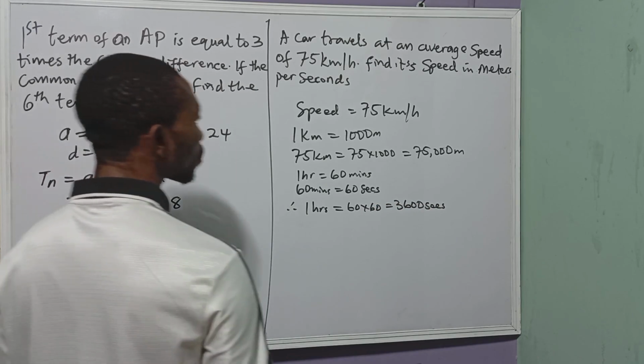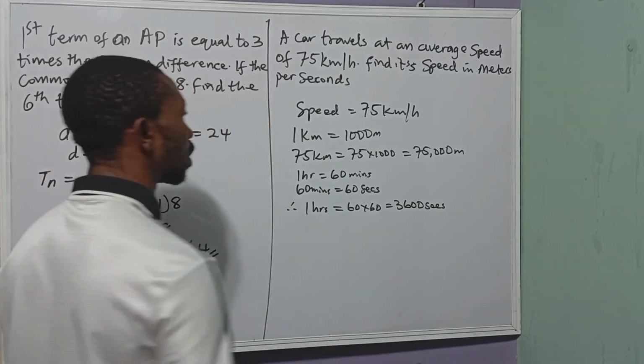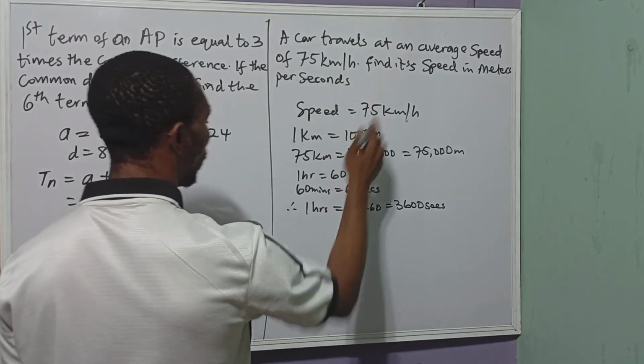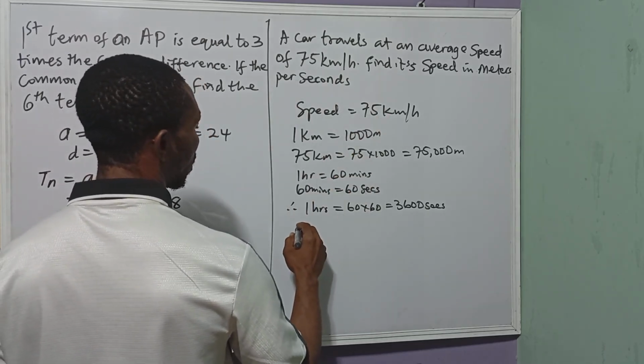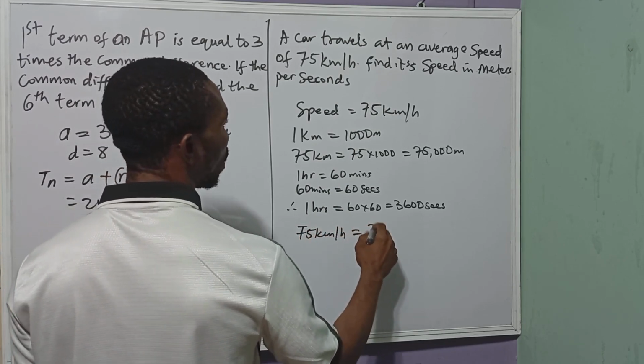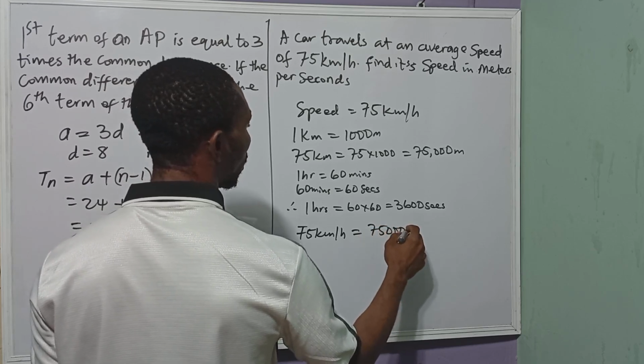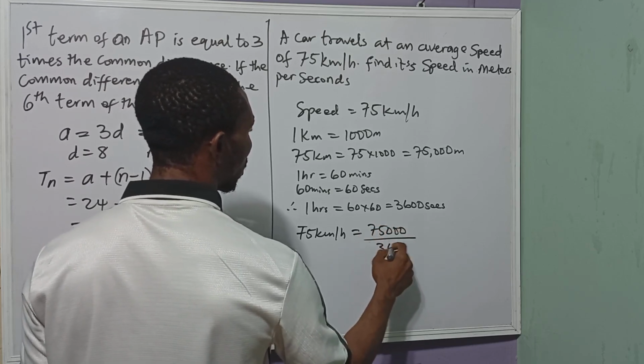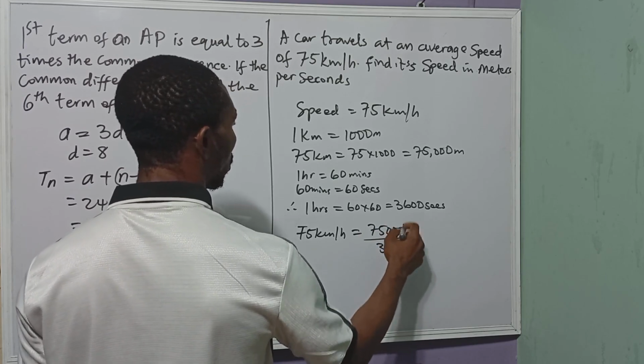Okay, now having this as 3,600 seconds, let's now convert. So 75 kilometers per hour will become 75,000 divided by 3,600. 0 cancels 0.